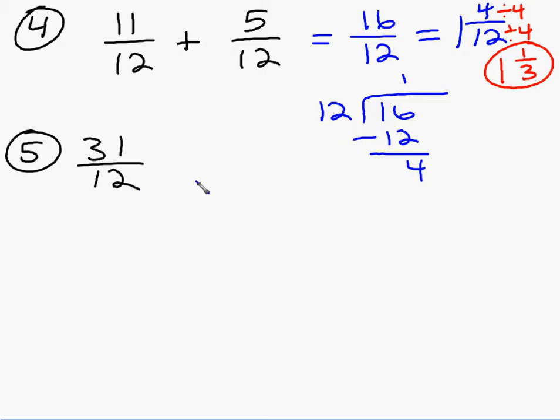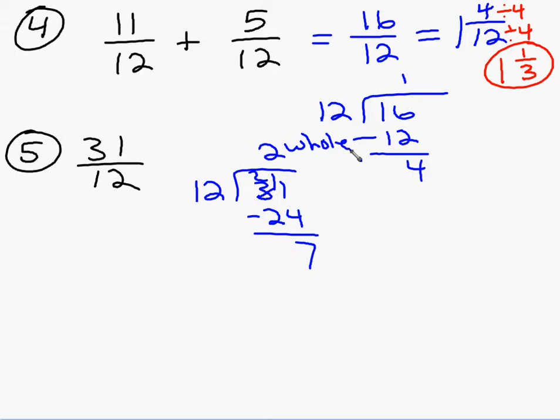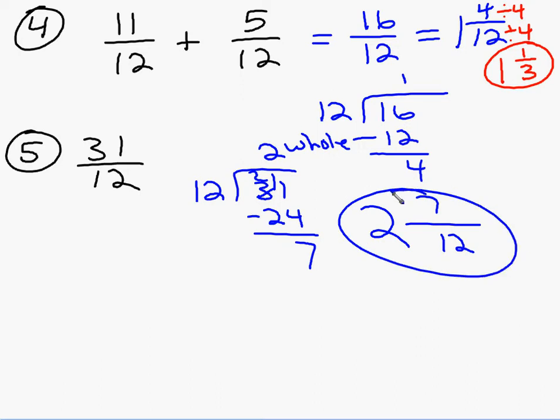Let's fix that. 12 into 31 goes 2 times. 2 times 12 is 24. I subtract, and I get 7. So that would be, remember, this is always your whole up here. This is always your whole. So it would be 2 and 7/12. Okay?